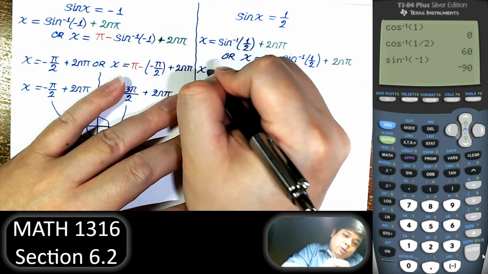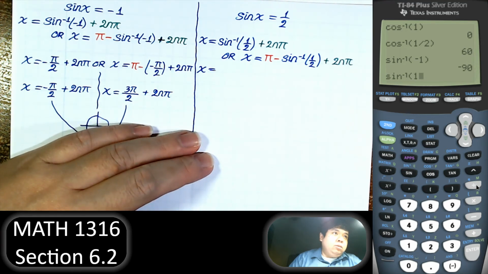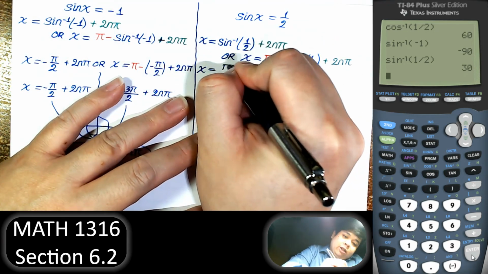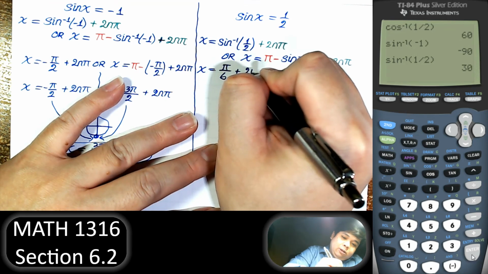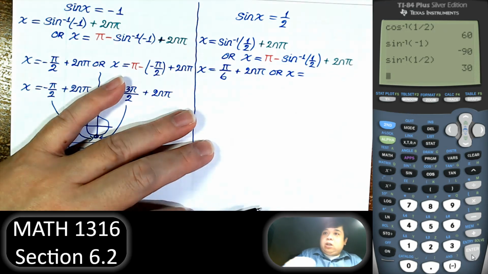So if x equals sine inverse of 1/2, that's 30 degrees or pi/6. Or the supplement to that.